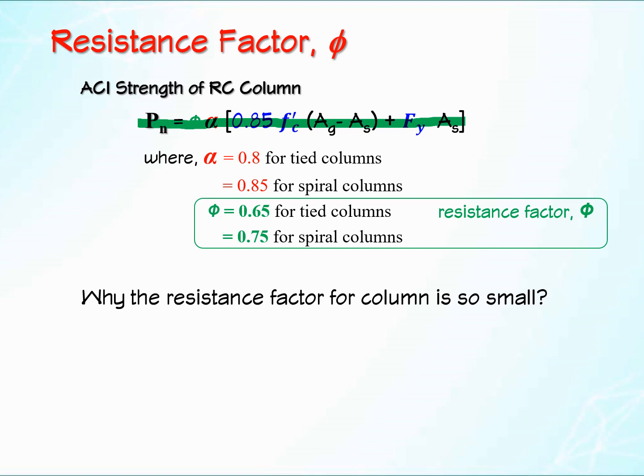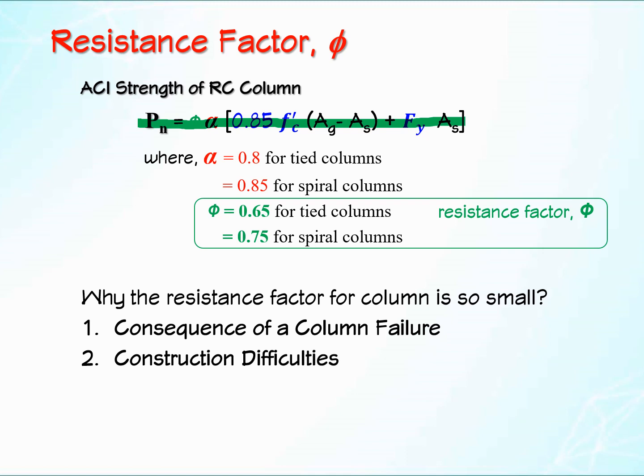And why these resistance factors are so small? First, consequence of column failure. Beam failure may be localized, but column failure may lead to collapse of entire building. As you saw, collapse of World Trade Center building.